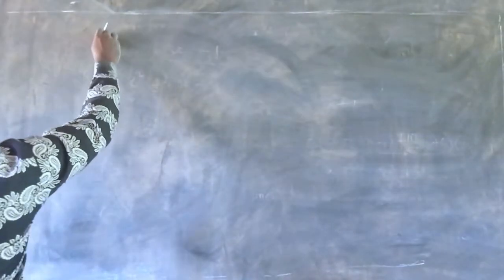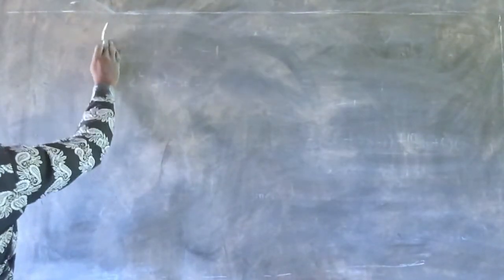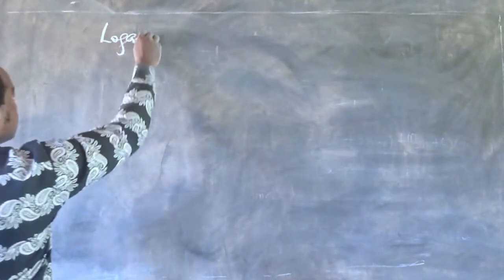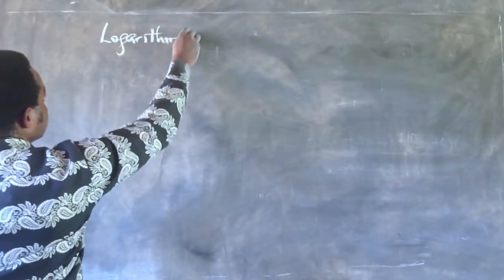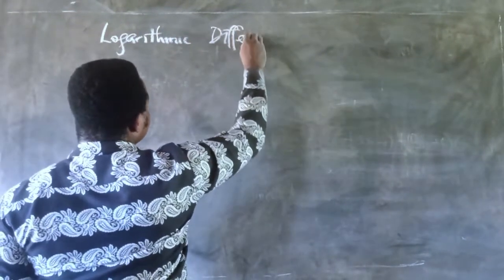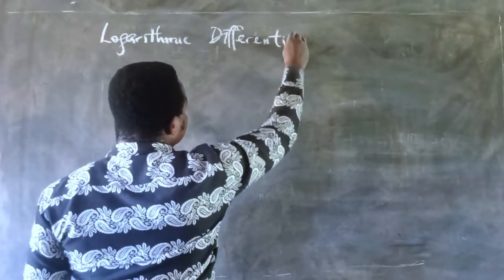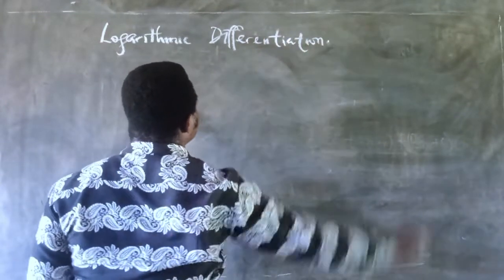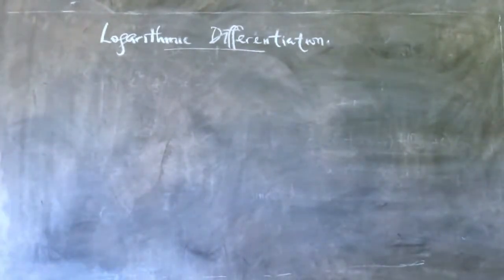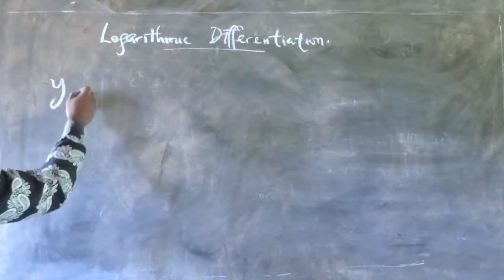So that is not the most suitable method for solving that kind of problem. I promised earlier on that we are going to see logarithmic differentiation at the end, and this is it. This kind of problem we solved last is better solved using logarithmic differentiation because it involves chain rule, quotient rule, and product rule all in one.